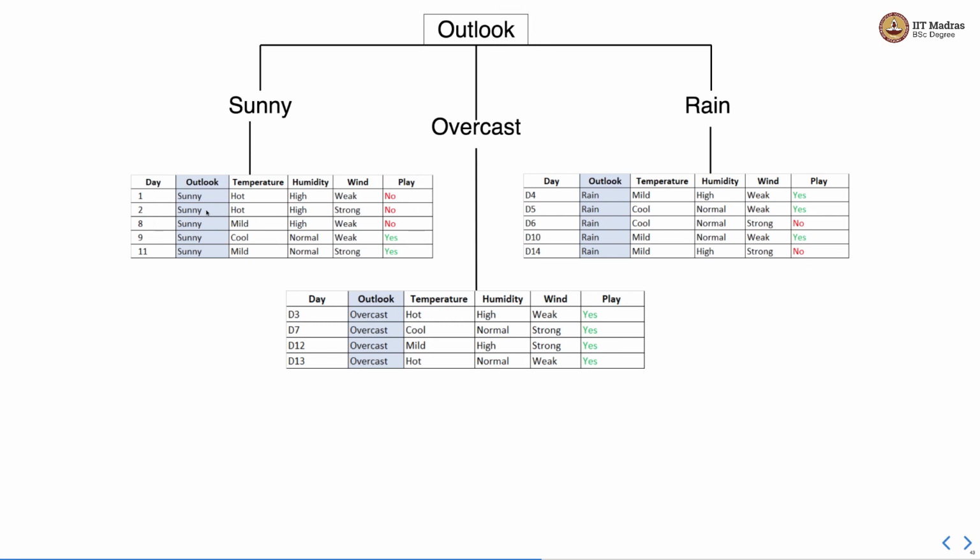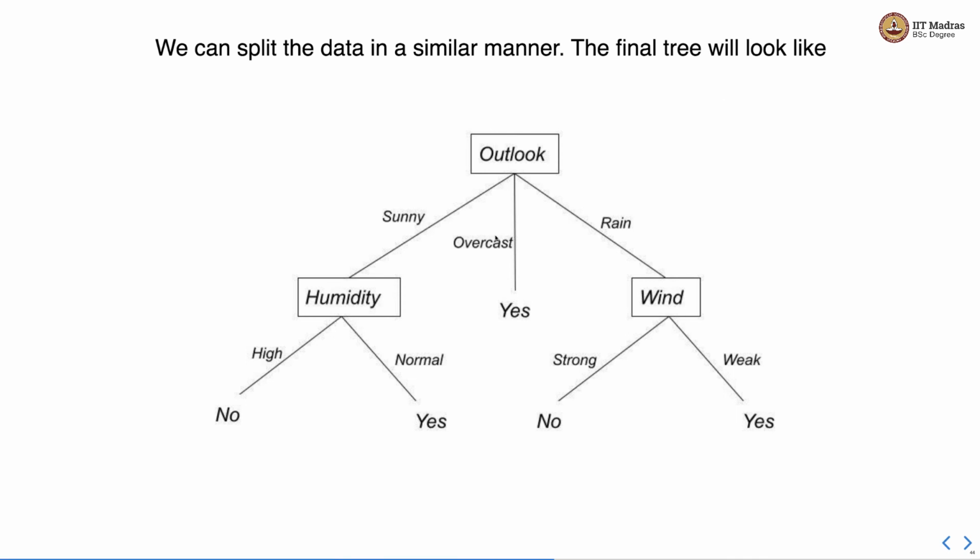There are 5 sunny, 5 rainy and 4 overcast rows, which are divided into 3 separate subtrees or 3 different regions. We can keep splitting the data in the same manner as we did for the root node, and when we do that, the final tree looks something like this.